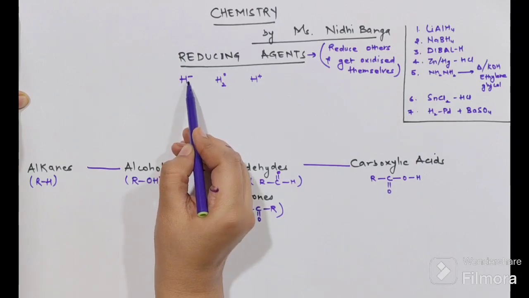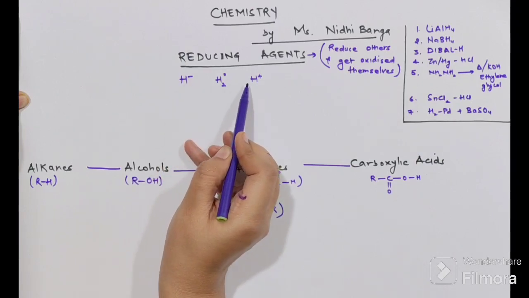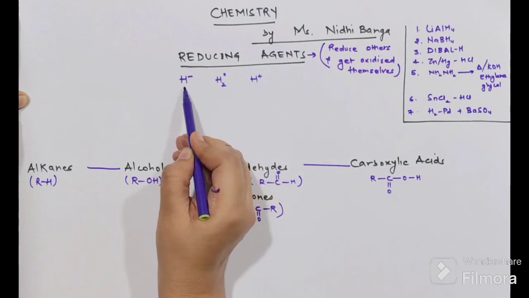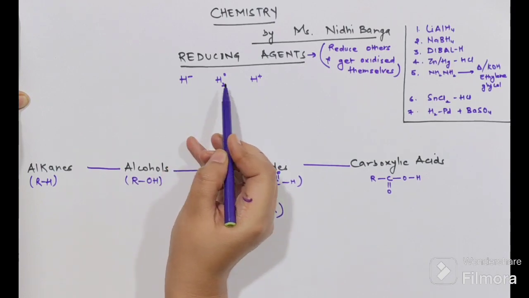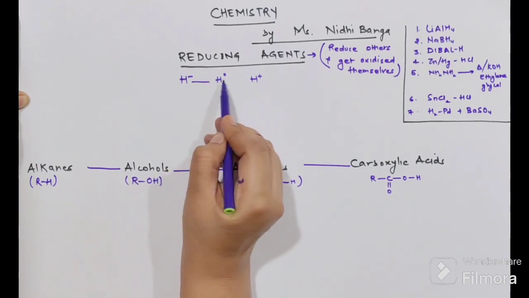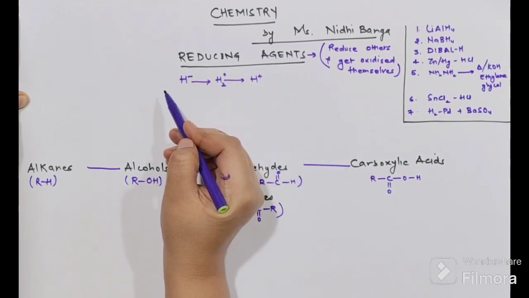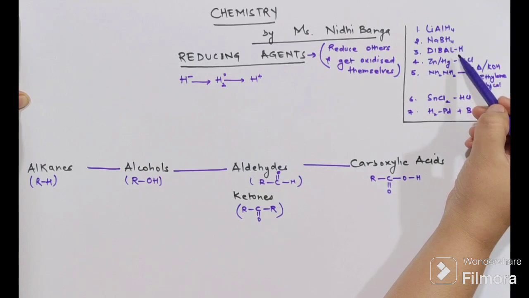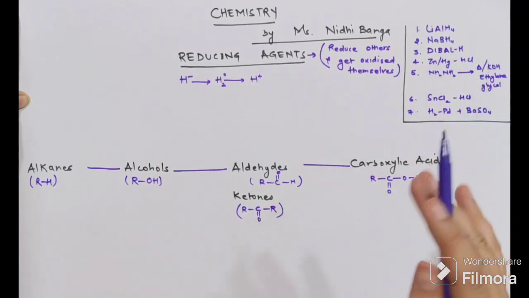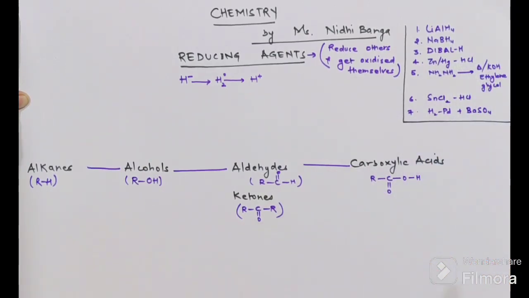From here, it can only go to a more positive oxidation state. So it can only get oxidized, and in doing so, it will reduce others. Therefore, the reagents with hydride get oxidized themselves and therefore reduce others. That is why they are very commonly used reducing agents. So let's take them one by one.